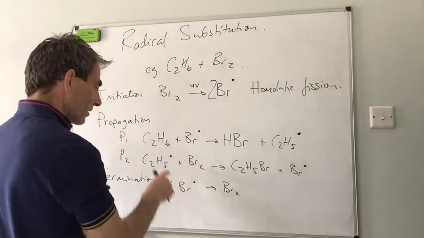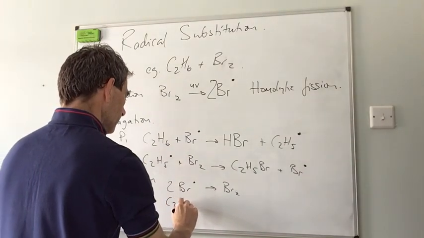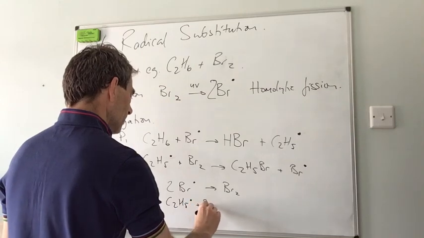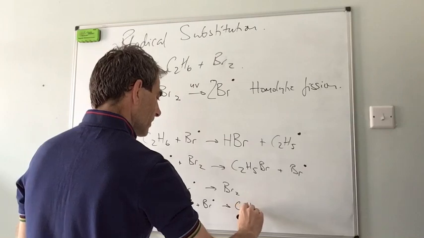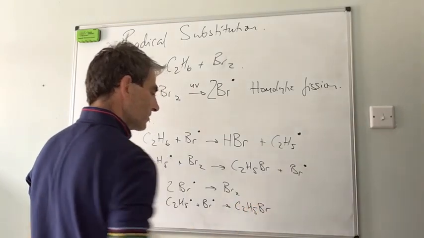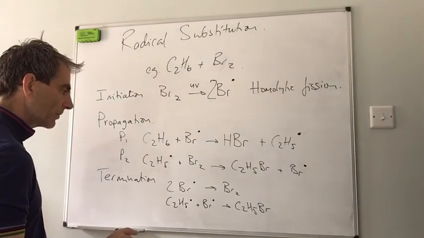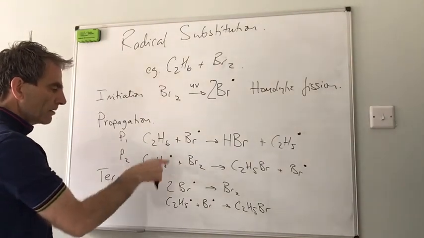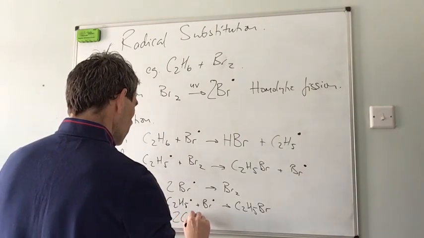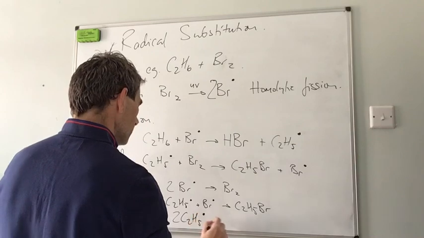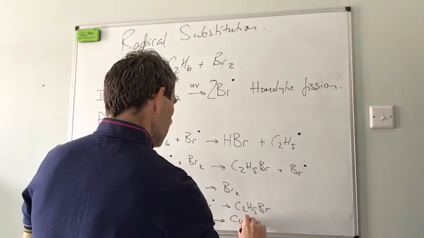We could take these two radicals here, so C2H5 radical and a bromine radical. So that's another way of making the C2H5Br, but this is via a termination step. And then the other possible termination step would be two of these ethyl radicals combining. So 2 C2H5 radicals would combine to give C4H10.